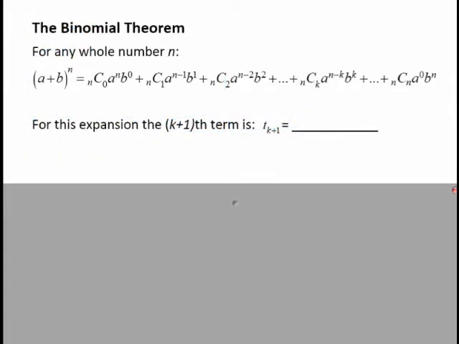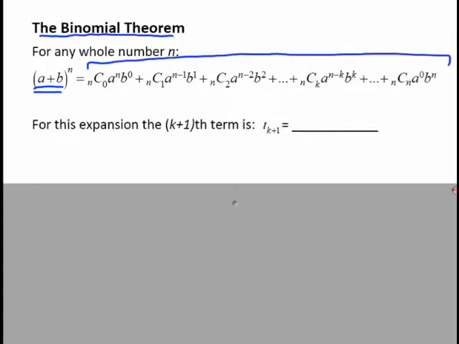So all of these patterns that we've discussed in the expansion of a binomial are represented in what we call the binomial theorem. A plus b to the n expands out into n plus 1 terms. And the terms in the expansion have three major things happening.